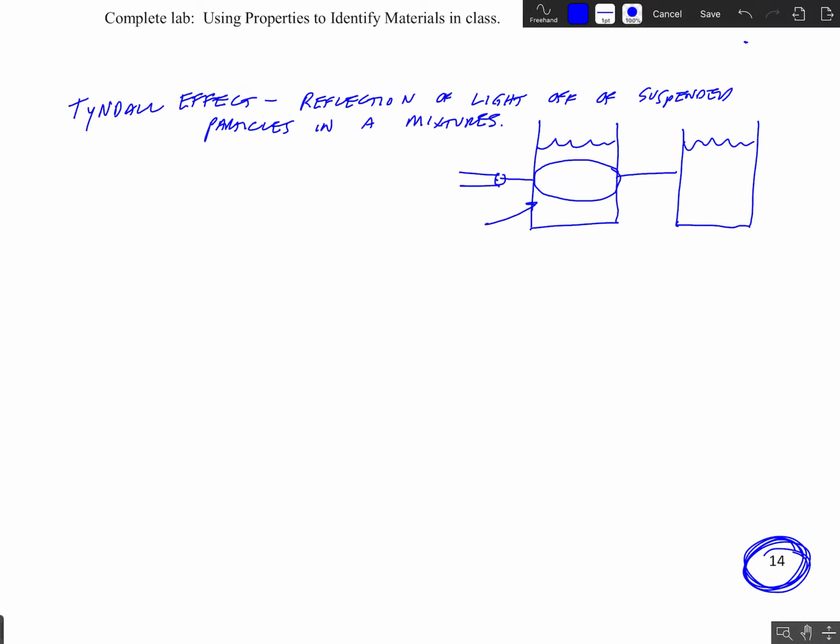Likewise, if I had a beaker that contained a suspension of very, very small particles, and I shine the beam through it, that beam could actually be visible inside that beaker. And when we see the beam, we call that a positive Tyndall effect.